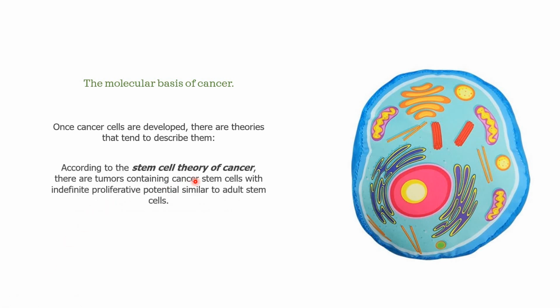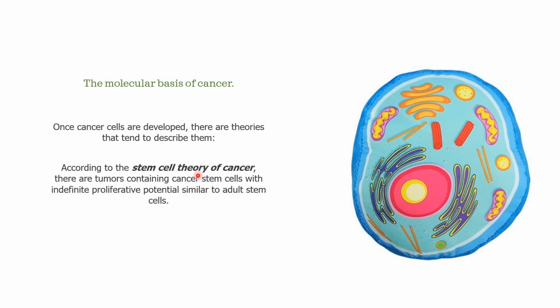Okay, so the last one is the stem cell theory of cancer. So, may mga tumors na nagko-contain ng cancer stem cells with indefinite proliferative potential, similar to adult stem cells. So, let us hold this muna, for a second, and then just absorb what it's trying to say.